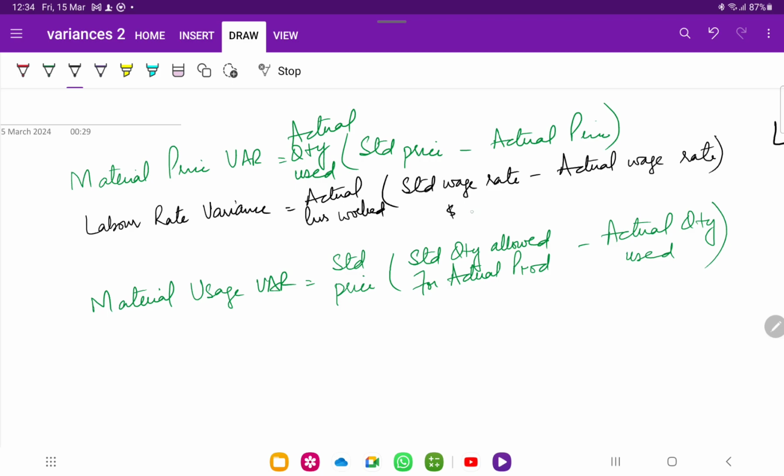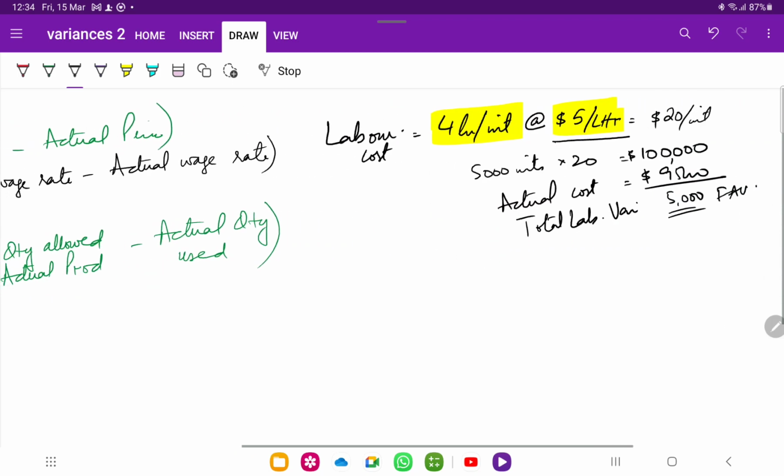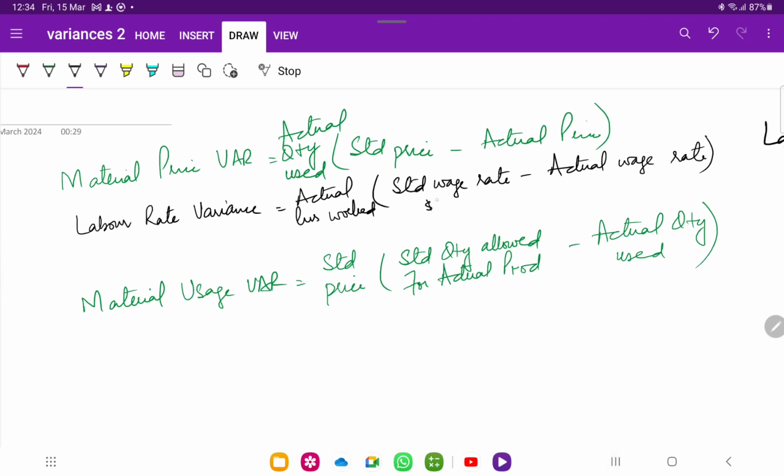Let's suppose we were expecting that the company will pay $5 per hour to labor, but let's suppose the company actually paid $5.2 per hour to the labor. That means the company overpaid labor by $0.2 per hour, multiplied by actual hours worked. Let's suppose labor actually worked for 6,000 hours. So 6,000 multiplied by 0.2, the overall variance will be around 1,200 adverse, right?